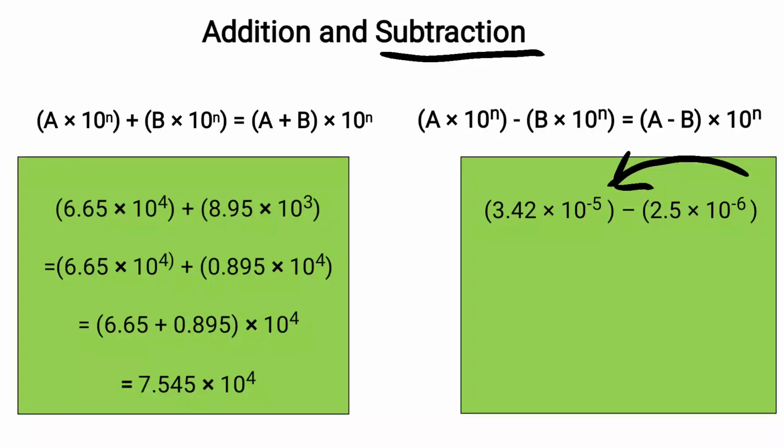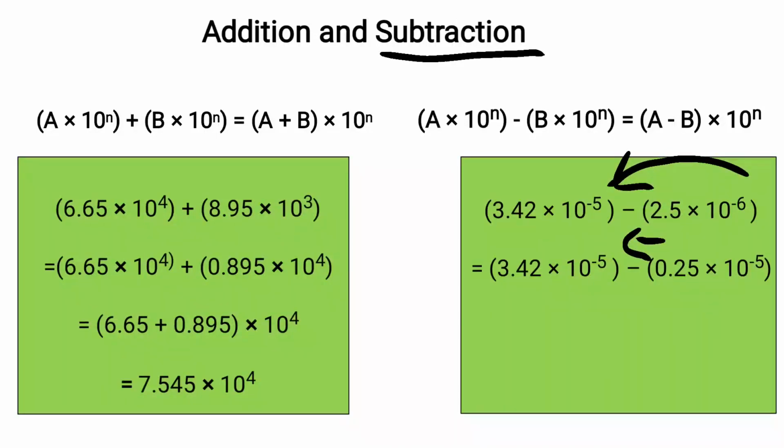In order to convert 10^-6 to 10^-5, the decimal point in the coefficient 2.5 is shifted towards the left.